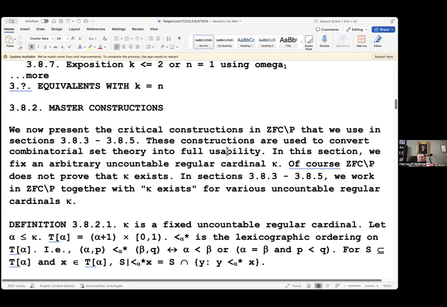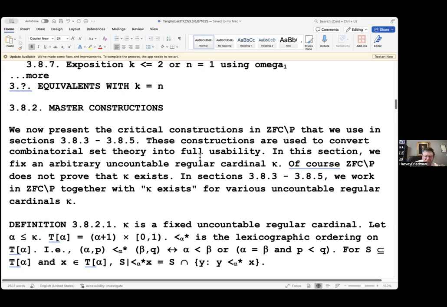In other words, we have a bit of a machine here. We have this combinatorial set theory, and we want to get usability, right? That's the point of the highlight of this derivation chapter. Combinatorial set theory gives full usability of things, but there's a machine that you need in order to make this conversion. And that machine is this master construction. That's the way you should look at it.